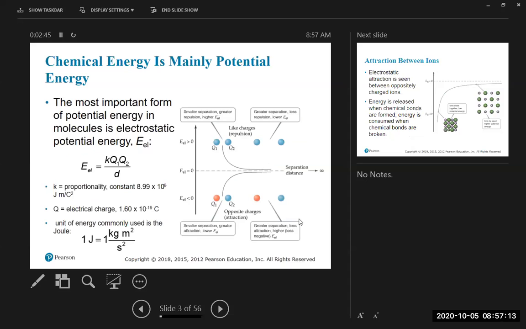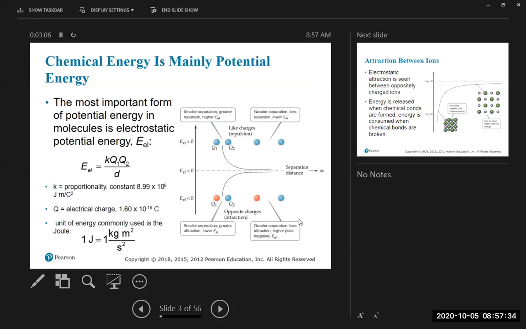So, okay. When we talk about chemical energy, it's mostly potential energy. Remember we talked about potential energy and kinetic energy? Potential energy was you're in a situation where you have the potential to have energy exchanges, but you just haven't realized it yet.